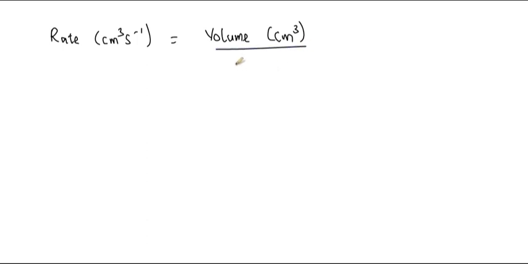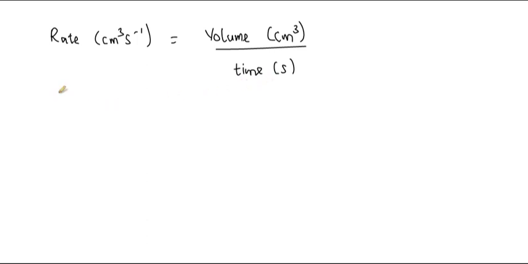So now, going back to the formula for rate in cm³ per second equals volume in cm³ divided by time in seconds. Since we've gotten the rate of hydrogen gas and we are given the volume of hydrogen gas, the same volume as that of oxygen, which is 100 cm³, let's calculate the time, so time here is unknown.